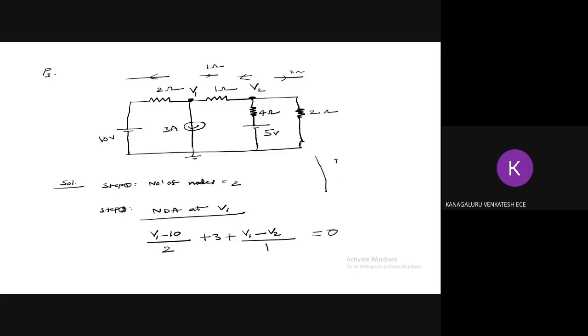Current through 4 ohm resistor, let it be I4. I want answer from your side. Any guesses from your side? Current flowing through 4 ohm resistor. See where the 4 ohm is connected, to which node it is connected, and think and tell me the answer.